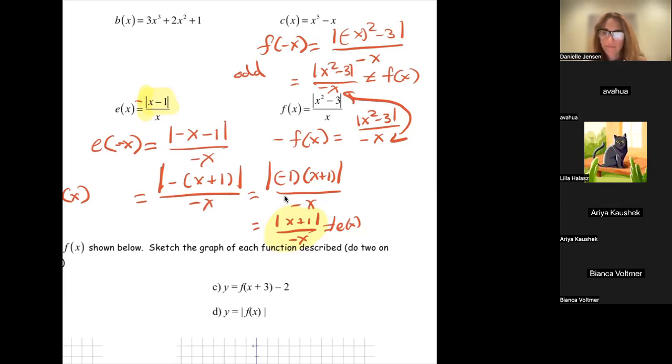Wait, can you go over again how you determine how f of x is odd but e of x is neither, even though they both have negative denominators? Yeah, because look at f of x. When I put in negative x for x, did the numerator change at all? No, because it's squared. Exactly. But in e of x, part of the numerator changed, right? This part of the numerator changed, but did the -1 change?